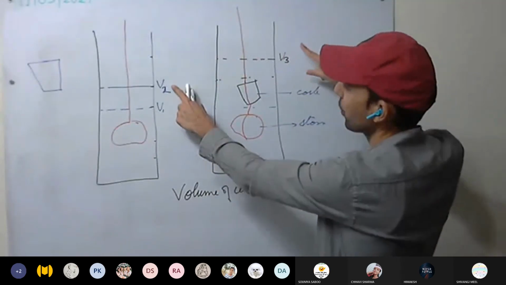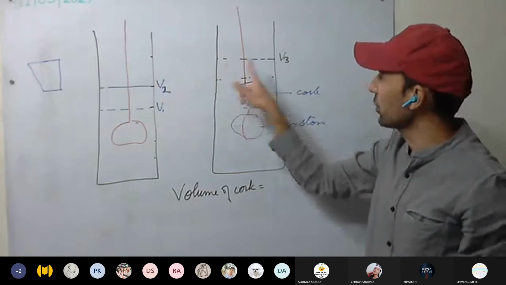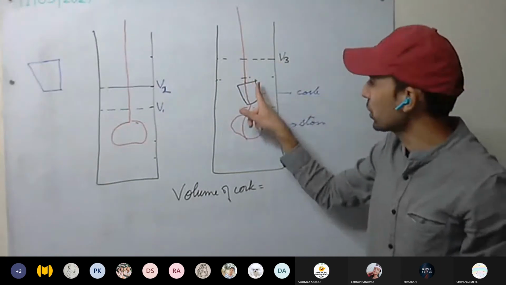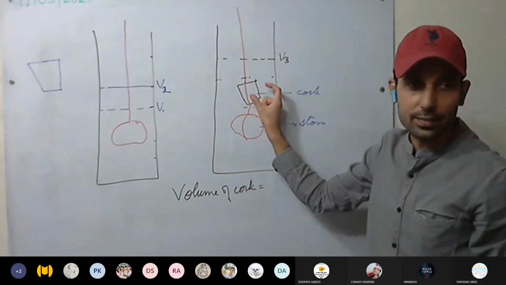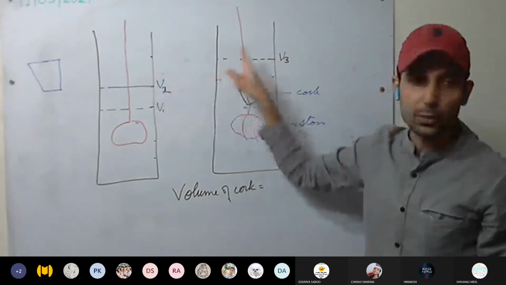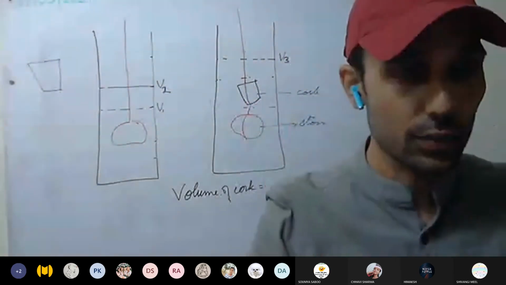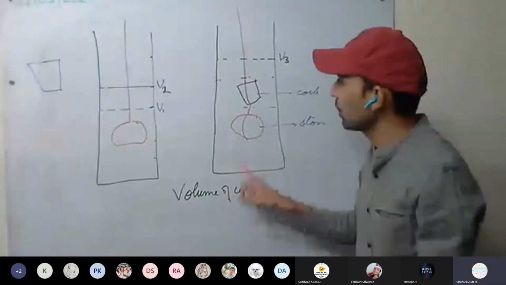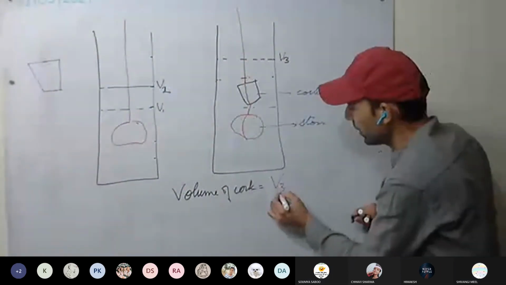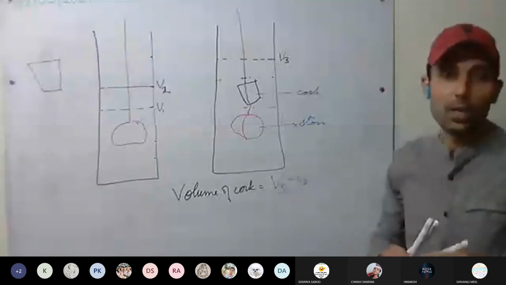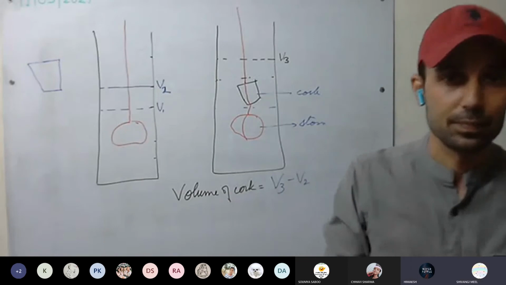So this change in volume from V2 to V3 is because of the cork only. Have you understood this? So the volume of the cork is nothing but V3 minus V2. Have you understood, everyone? Yes, sir.